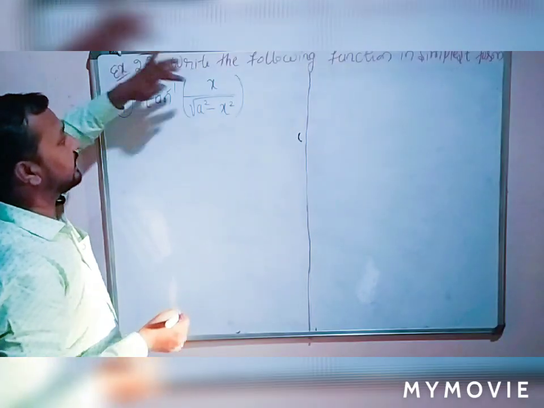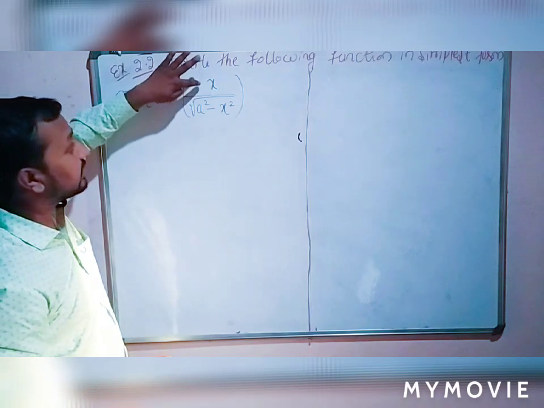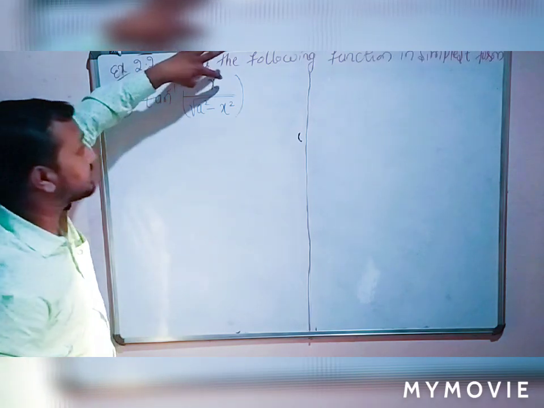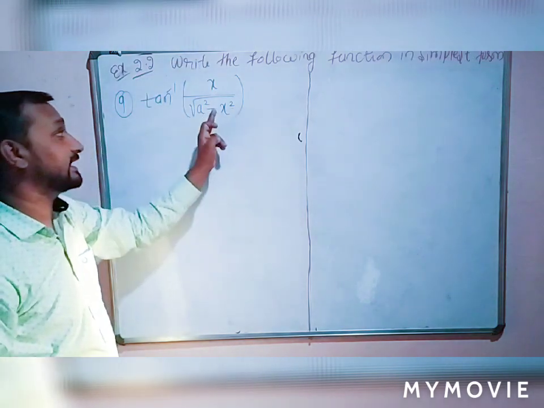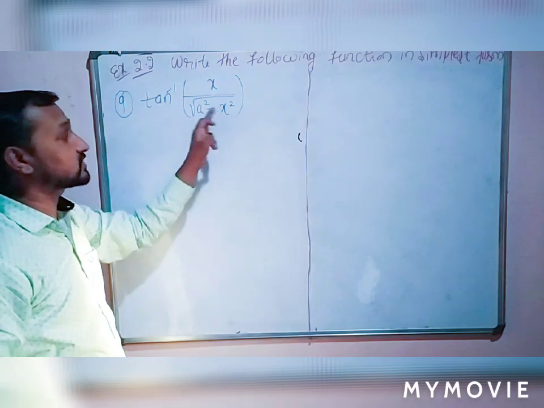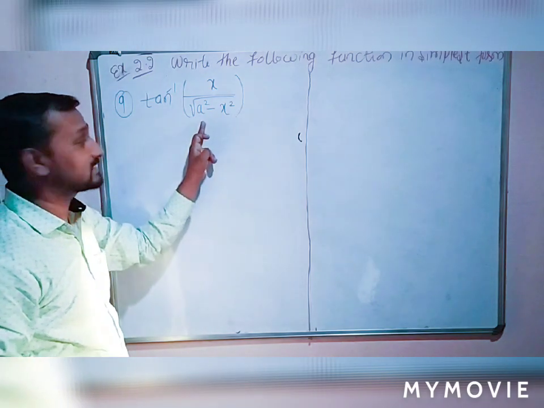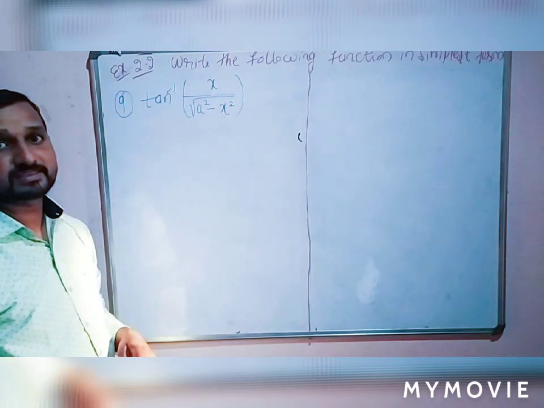I can take here x equal to a sin theta. Here a sin theta divided by a square minus a square sin square theta. Take a square as common. Then a gets cancelled. 1 minus sin square is cos square. Square and root get cancelled. Remaining cos. Sin by cos is tan. Direct answer. Is that clear?